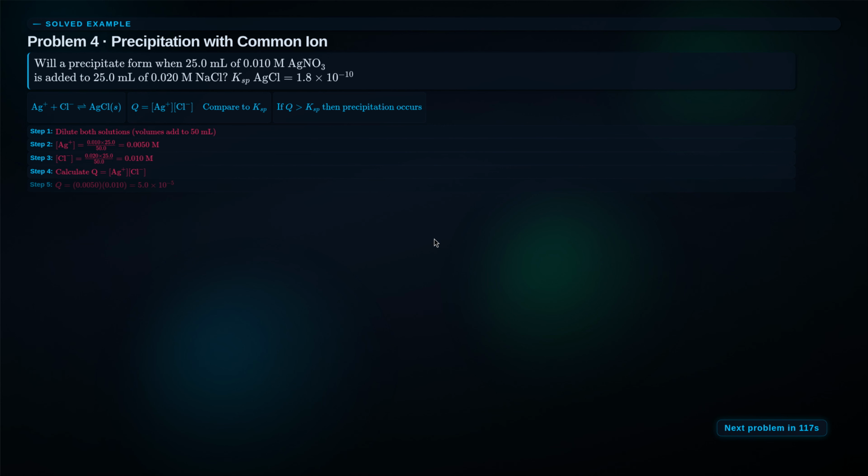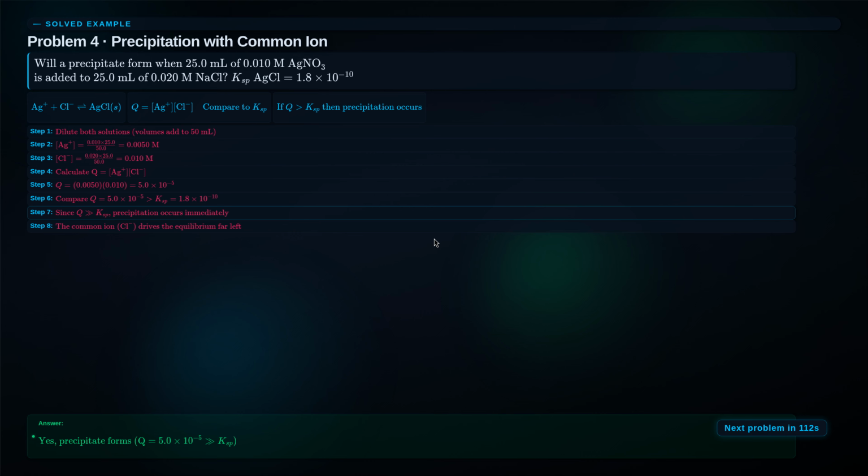Problem 4. Will a precipitate form when 25.0 milliliters of 0.010 molar AgNO3 is added to 25.0 milliliters of 0.020 molar NaCl? Ksp of AgCl equals 1.8 times 10 to the negative 10. Step 1.